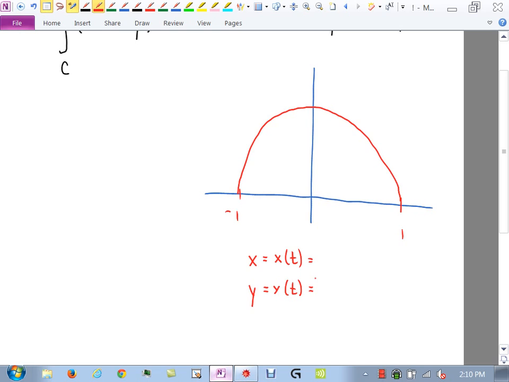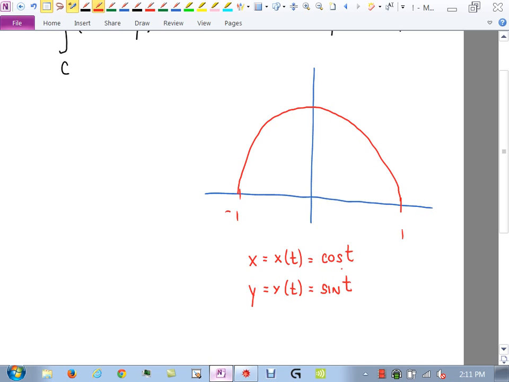R cosine t would be x, but what's r if we're on this curve? 1. So we don't need the r, do we? We could just say cosine t. Do you all agree cosine t would get part of it going here? What would the y need to be? Sine t.